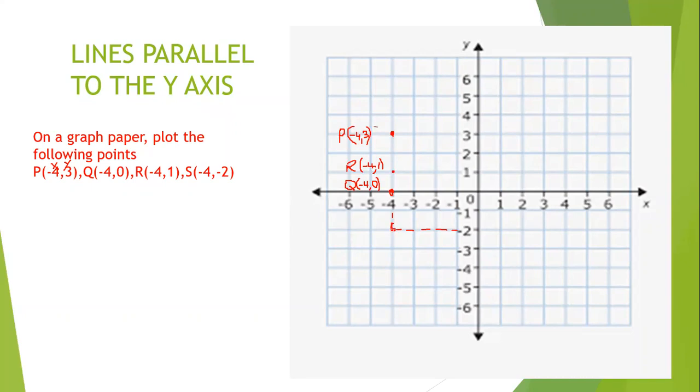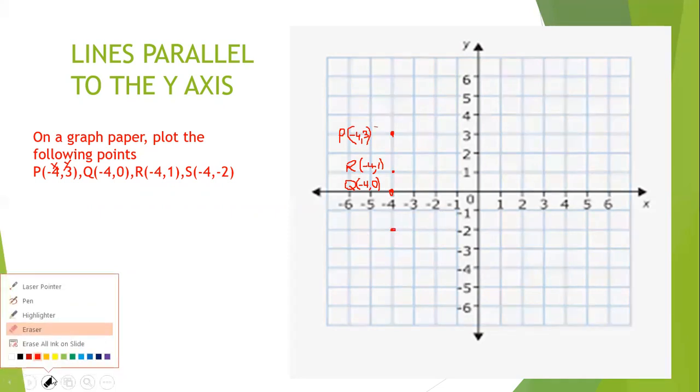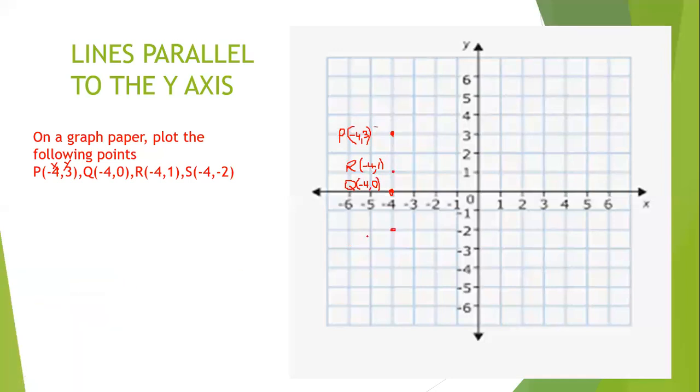So we have our point over here. I'm just erasing it. So here we have point S and the coordinates are -4, -2.